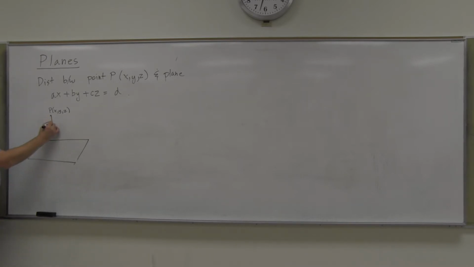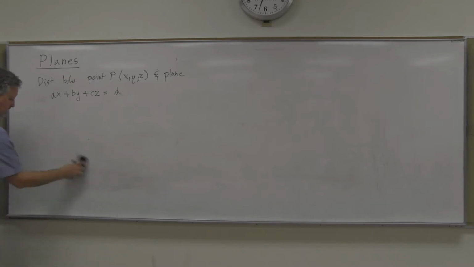I've got to come down here at 90 degrees, right? So let's call that point on the plane (x0, y0, z0). Okay. Well, oh no, let's not do it that way. Sorry, that's the wrong drawing here. Try this again.